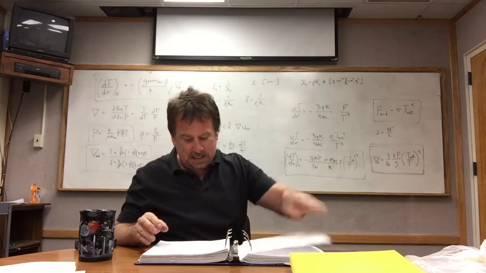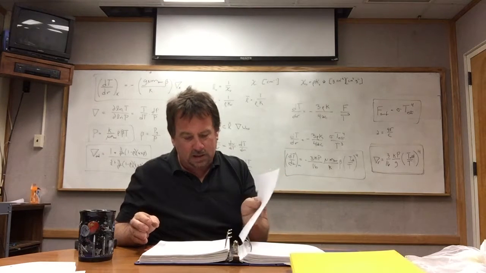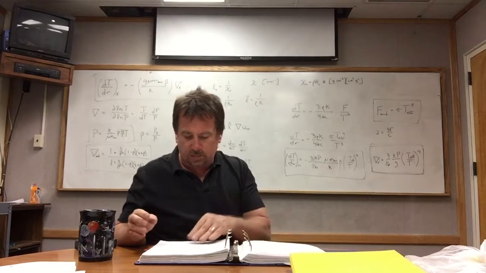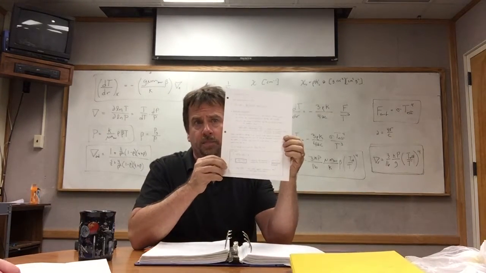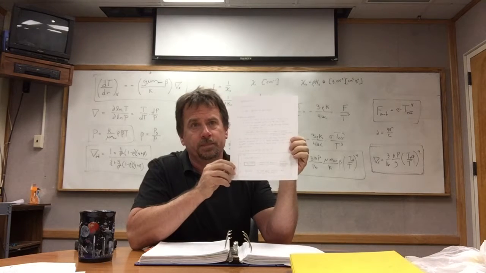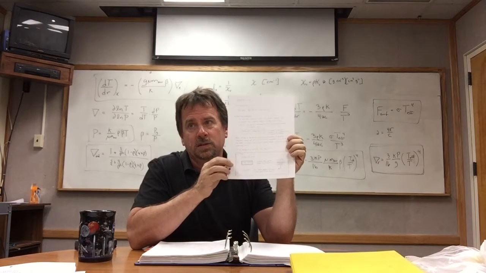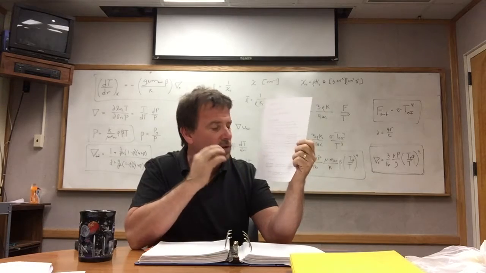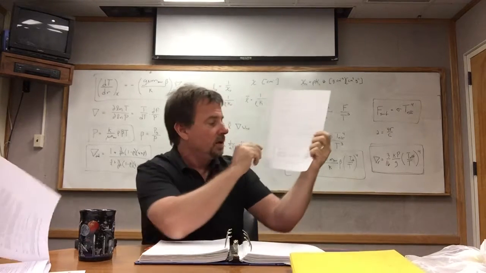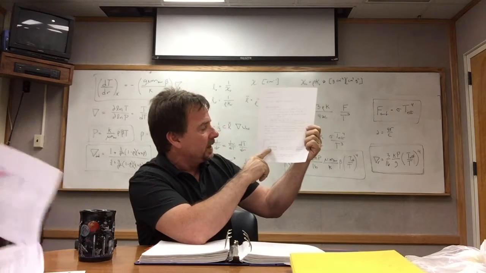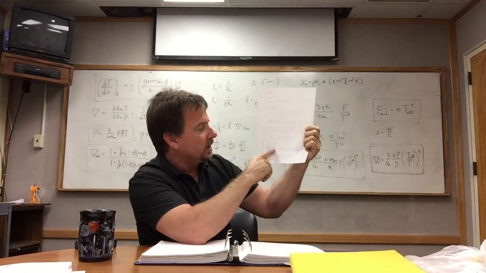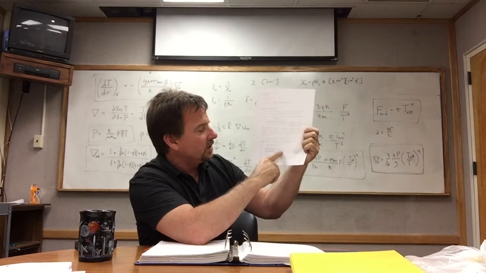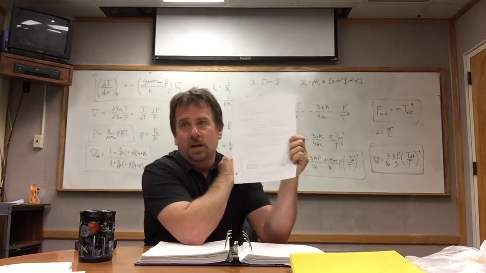In the end, there's a lot of mathematics here which gets you to something called the Schwarzschild criterion. Okay? And this is basically a relationship between the two gradients. The adiabatic gradient is less than the radiative gradient, then that's a condition for dynamic instability, convection.